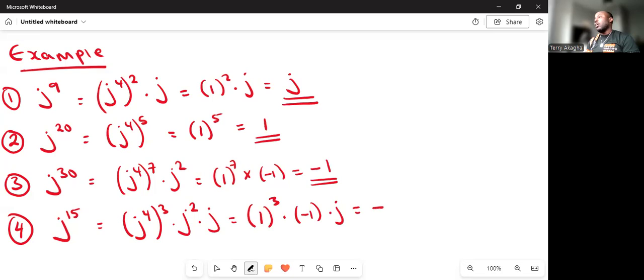Minus 1 times j is going to give you what? -j. Okay? All right, so that is that for that. You can see that regardless of how you have it, you can break it down in terms of 4s and 2s, and you can solve the question. You can either get positive 1, negative 1, positive j, or negative j.